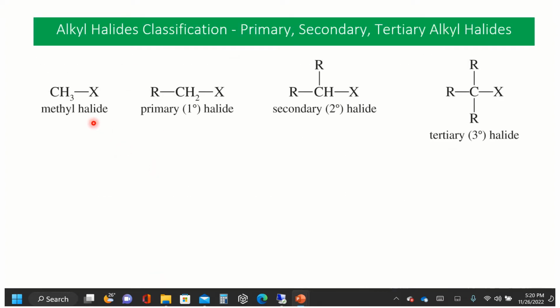There are classifications of the type of carbon we're dealing with. So herein, you can see that we have a primary halide, where the halogen is present on the carbon with just one alkyl group attached. Here, this carbon has 2 alkyl groups attached to it. Where the carbon with the halogen on it has 3 alkyl groups attached, this is a tertiary halide.